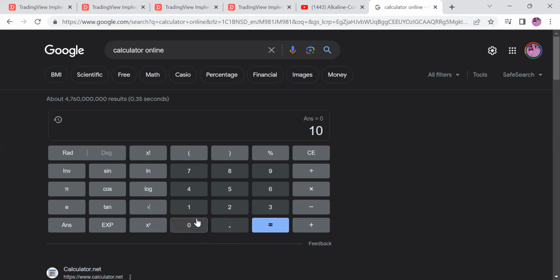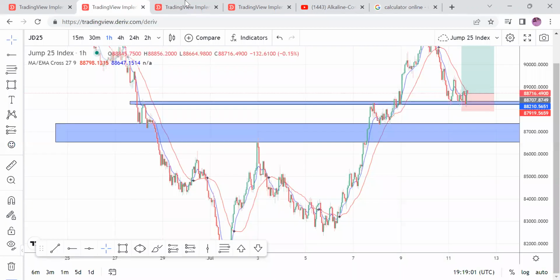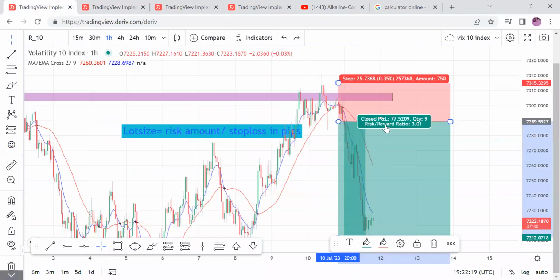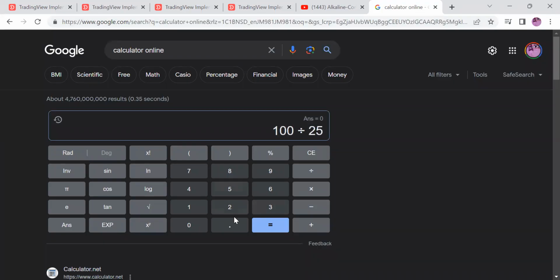So $100 would be our risk amount. We are going to divide our risk amount by our stop loss in pips. So 100 divided by 25.736, and that's equal to 3.885.